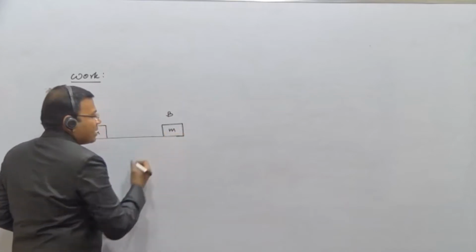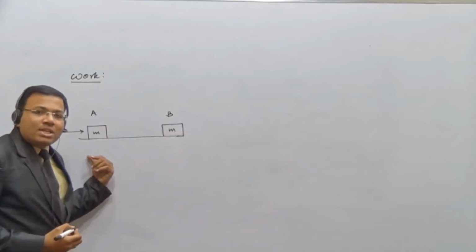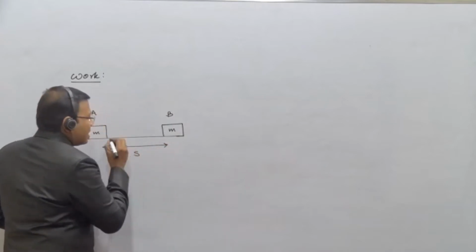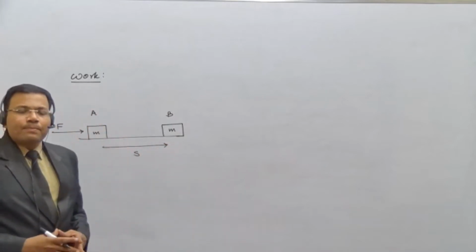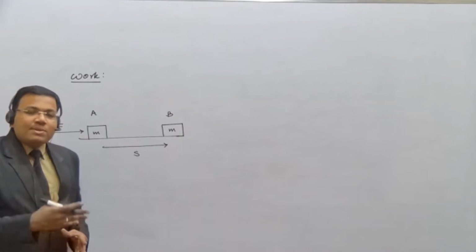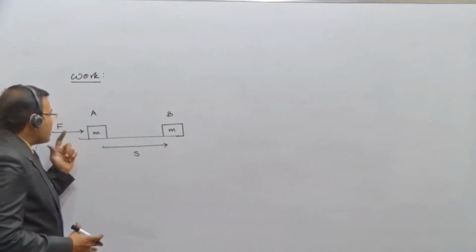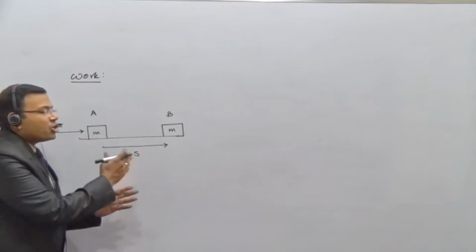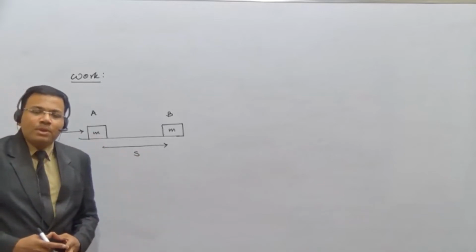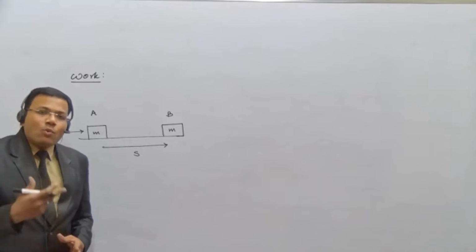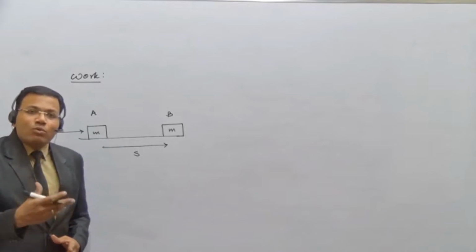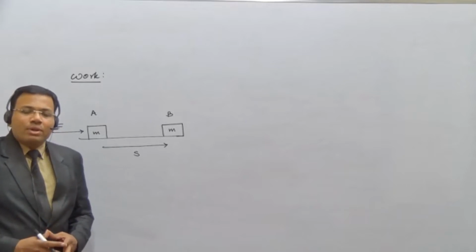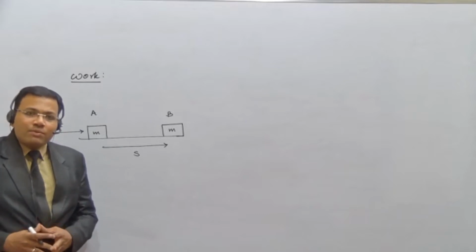Same block of mass m. And if you calculate the displacement from A to B, we get the displacement as S. So in this situation, we say that work is done by the force, because the block has been displaced from the position A to the position B. Now, how do we calculate the work done by this force?